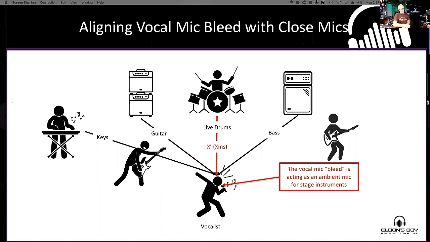Here's something to think about with regard to kind of where people get uncomfortable. It's like, well, wait a minute, are you going to push the band out of time with the singer now by doing this? Well, here's something you need to consider. Remember how propagation works. If that singer is taking his timing cues from the acoustic drum kit, meaning maybe he's not on ears. Even if he is on ears, he may not have a whole lot of close drums in his ears.